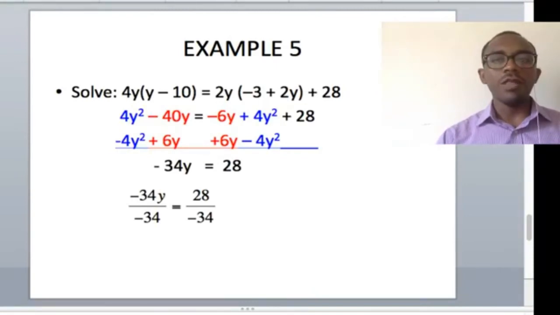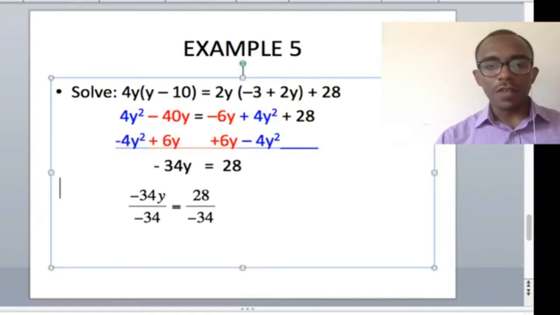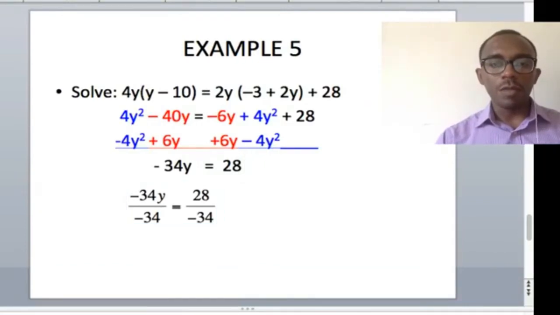So now after doing the division, the last thing to do is simplification, because like I said, we have to simplify our answer. I'm going to put it below.